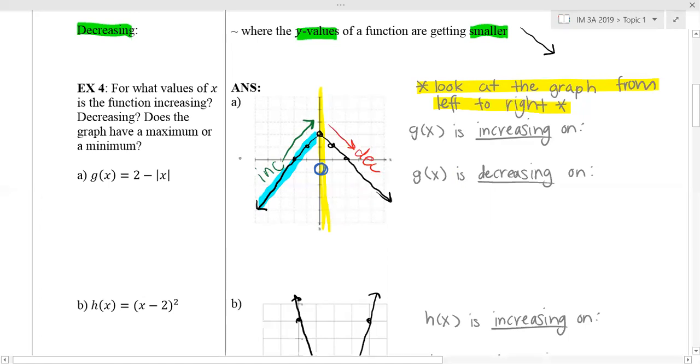Remember that the left-hand side of your x-axis represents negative infinity and the right-hand side represents positive infinity. So the interval for increasing is going to go from negative infinity to 0, and the interval for decreasing is going to go from 0 to infinity.